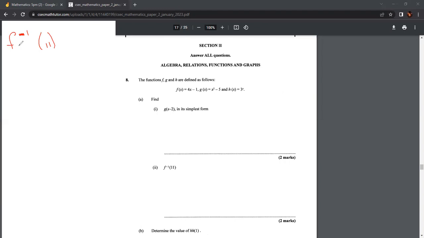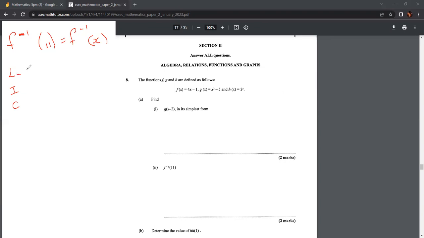L-I-C. Now, before I go into find f inverse of 11, I'd like to find f inverse of x first. Right, so I'm going to find f inverse of x.